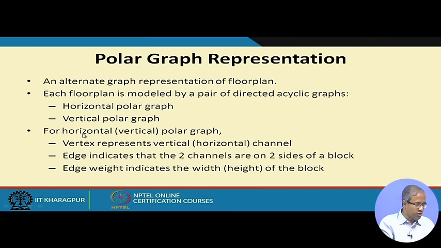For the horizontal polar graph, a vertex will represent a vertical channel, an edge will indicate that the 2 channels are on 2 opposite sides of a block, and edge weight will indicate the width of the block. Let us take an example to explain this.